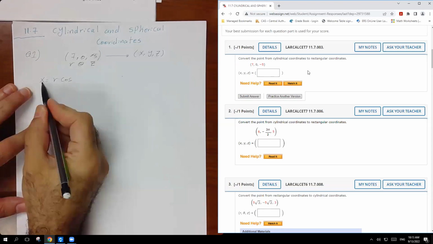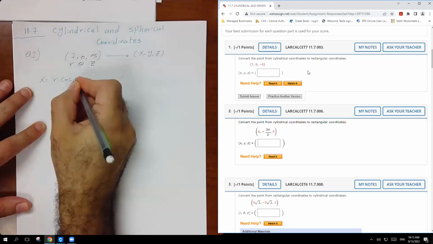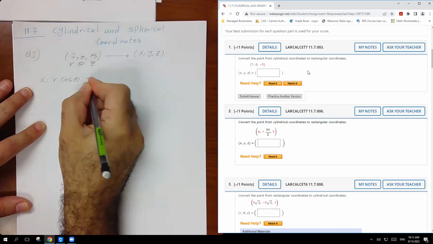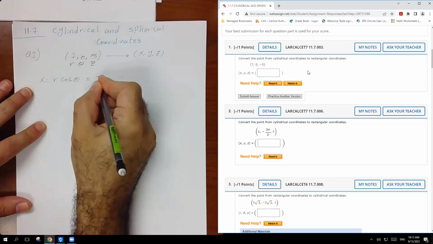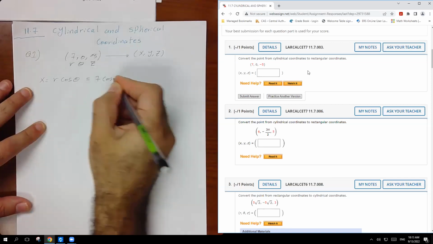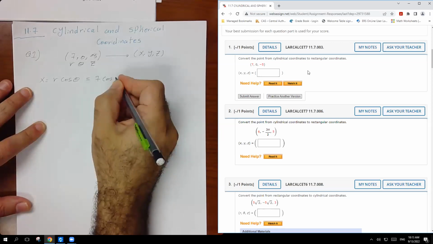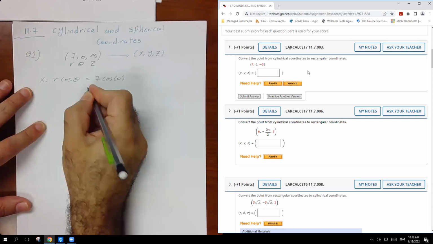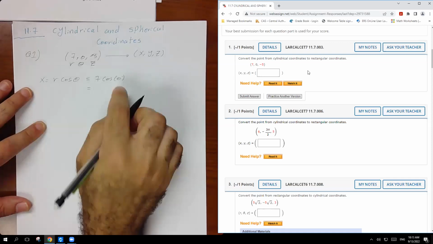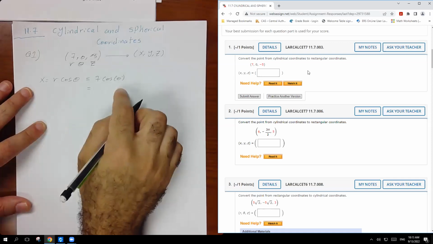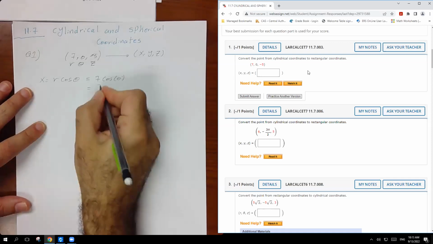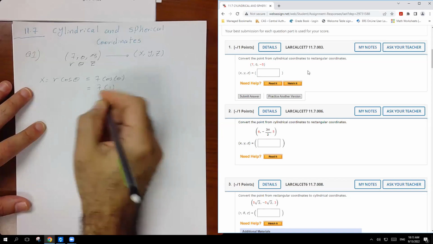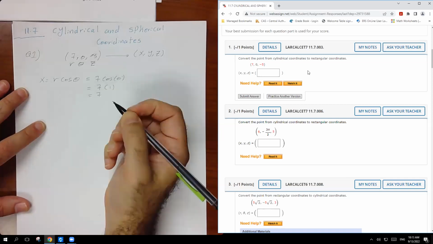So x is going to be r cosine theta. That means r, which is 7, cosine theta is cosine 0, and the result is going to be 1. That means it's going to be 7 times 1, and the result is going to be 7.